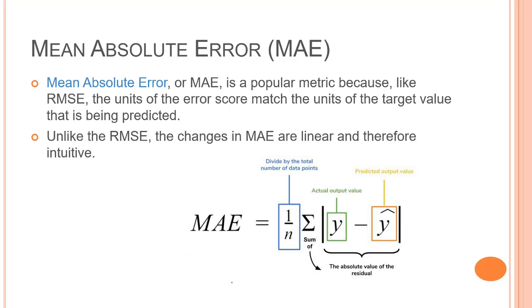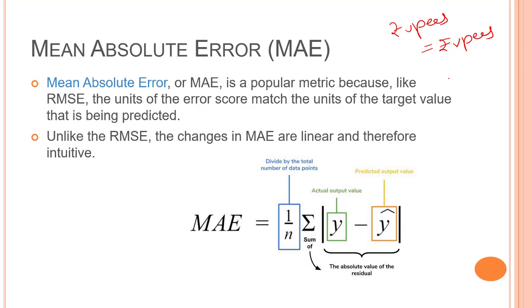The last thing that we have is the mean absolute error. This is another popular metric because, like RMSE, the units of the error score match the unit of the target value. What I mean by this is, similarly, in RMSE we had rupees, so rupees is rupees only, but in MSE again it will convert it to the square value of it.